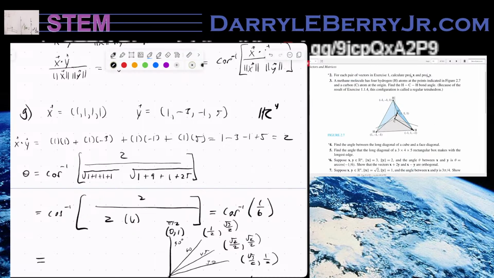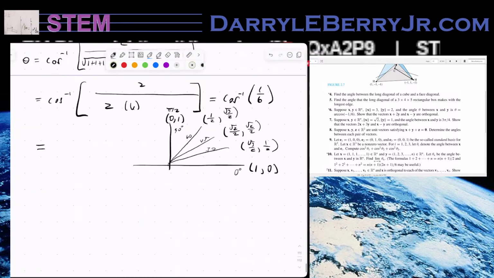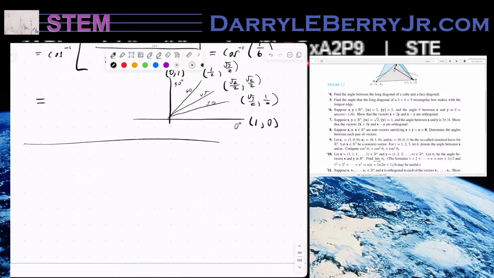So let's see what else we can find. 16 is interesting. It says suppose X and Y are in Rn.